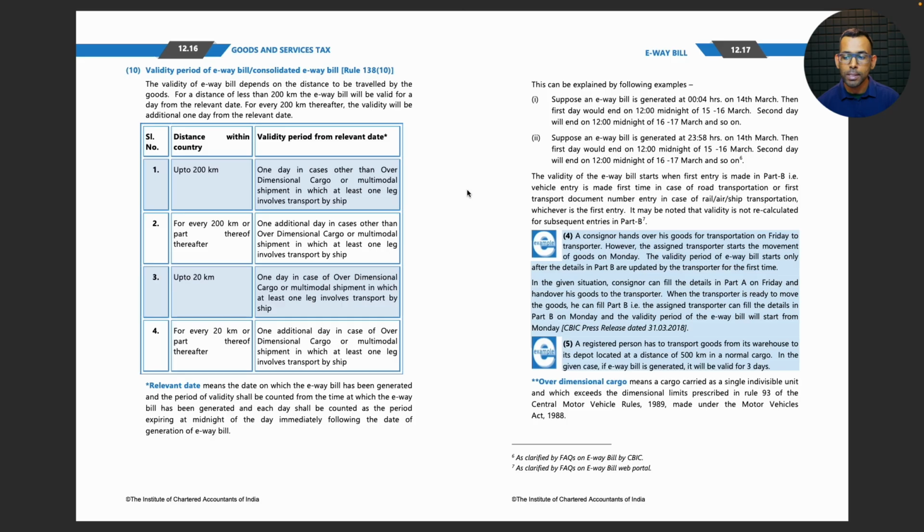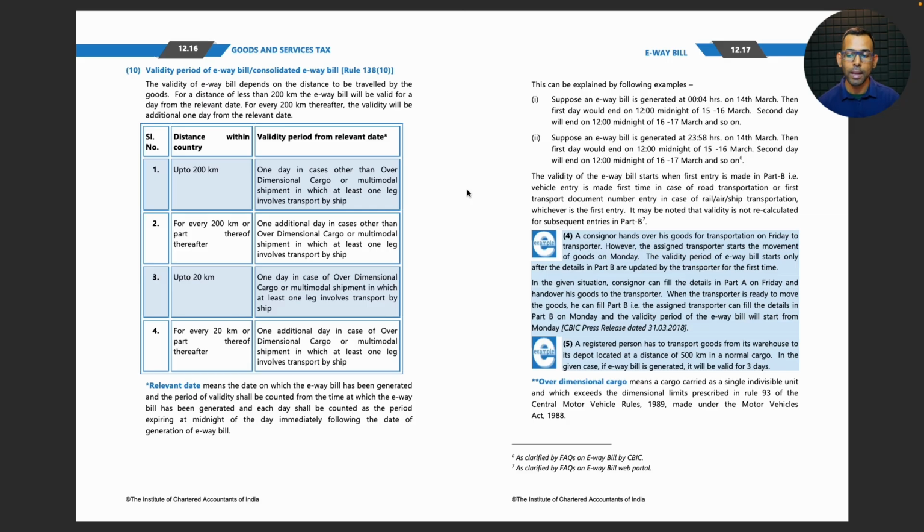When the transporter is ready to move the goods, he can fill part B, that is, the assigned transporter can fill the details in part B on Monday, and the validity period of the e-Waybill will start from Monday. CBIC press release dated 31/3/2018.